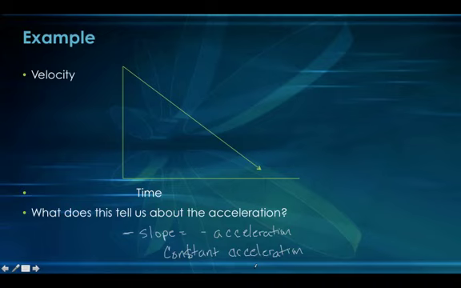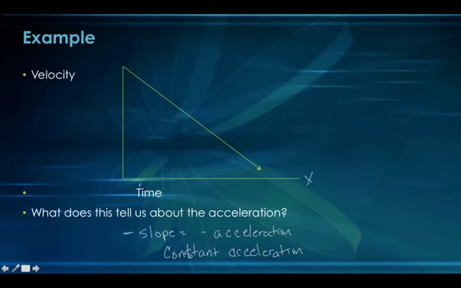So when you look at this object, we started with a very high velocity, and now we're going down, we're decreasing our velocity as we go. When we look at this, it does not mean that the object is moving to the left. When we're looking at the movement of the object and what direction it's going, that depends on the x-axis.